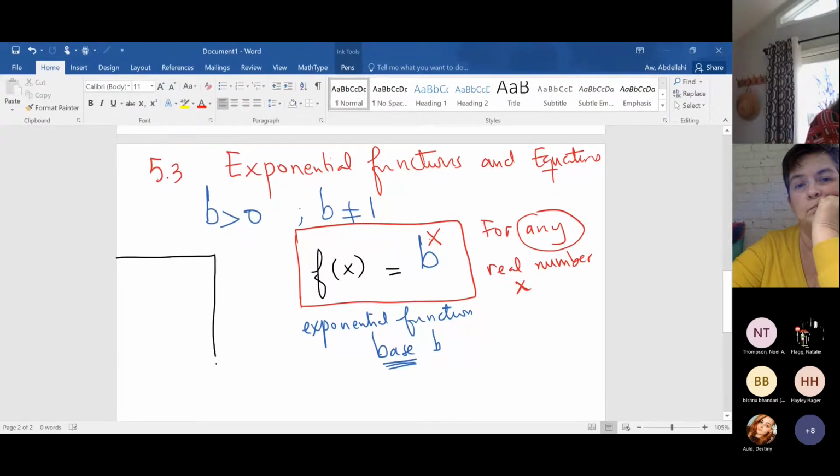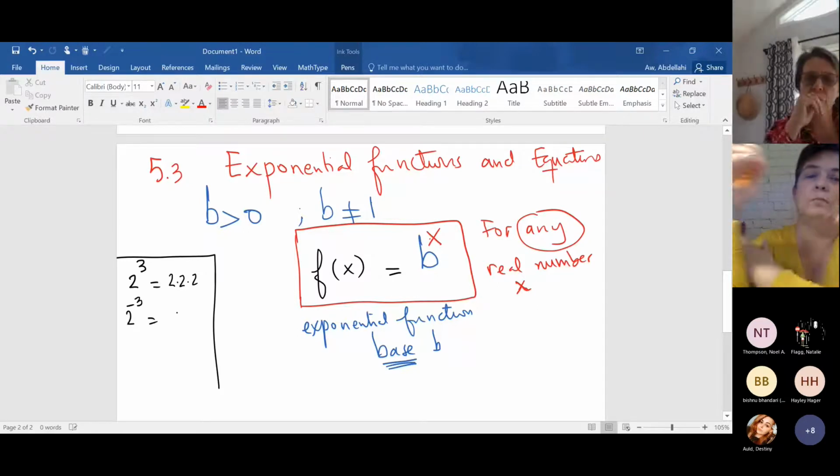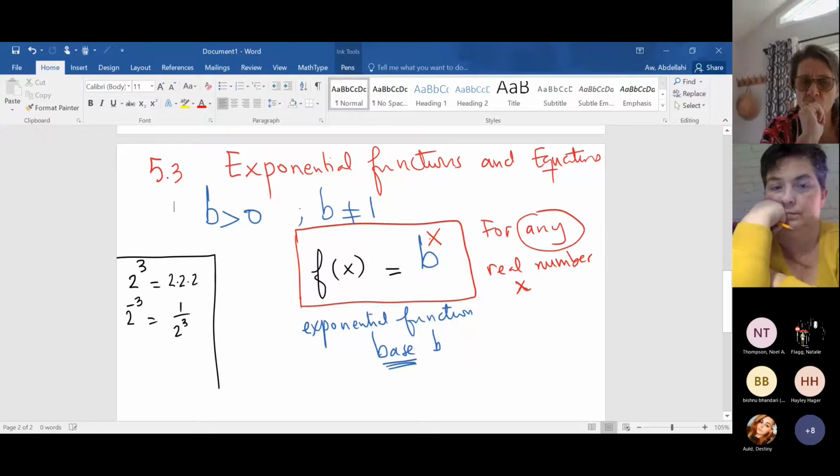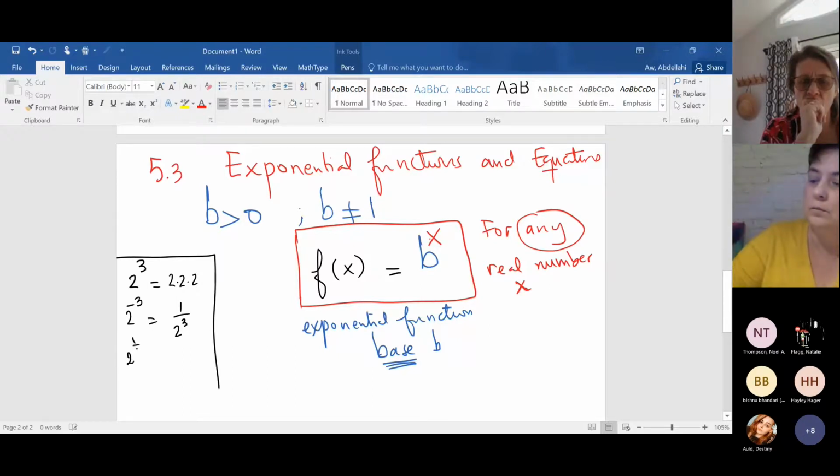I know exactly what 2 cubed is, right? It is 2 times 2 times 2. I know what a negative exponent is, 2 to negative 3. That is 1 over 2 cubed. I know the rational exponent, 2 to the 1/3. This is the cube root, okay?